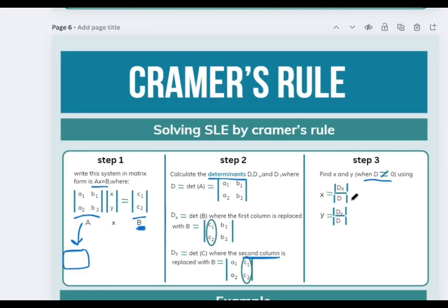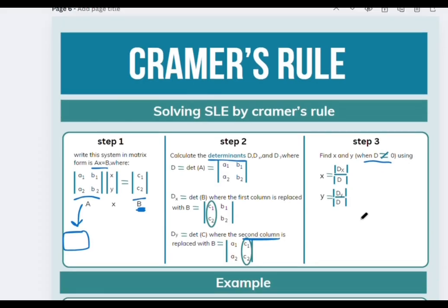By definition, when there are n equations and n variables, and the determinant D is not equal to 0, we only have a unique solution. When the determinant is equal to 0, there will be infinitely many solutions or no solution.